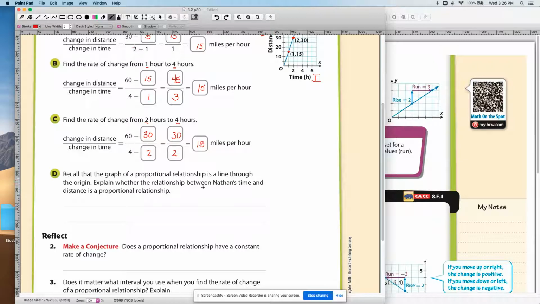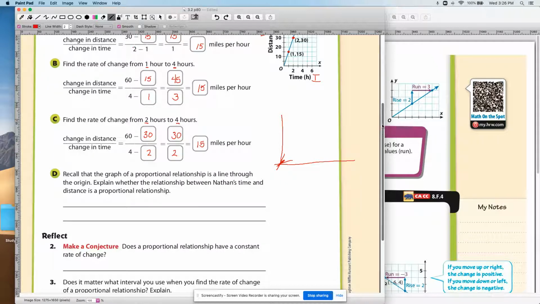So part D says, recall that the graph of a proportional relationship is a line through the origin. Okay, so any proportional relationship that we talked about the other day is going to go through that origin. The angle in which it goes through the origin might be different, but it's always going to go through that origin. All right. Explain whether the relationship between Nathan's time and distance is a proportional relationship.